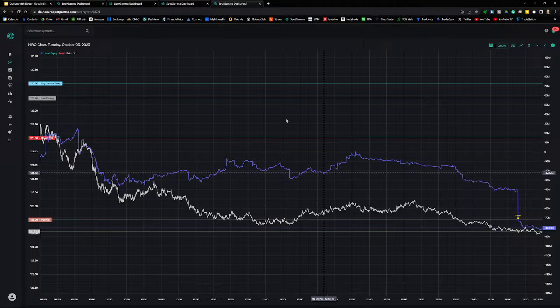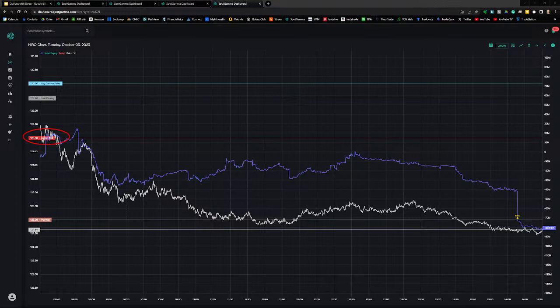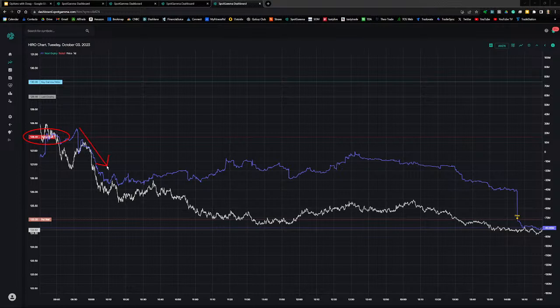Zoom in. Here's the 128 hedge wall. And then options traders started more aggressively taking negative delta positions just before 10 a.m.